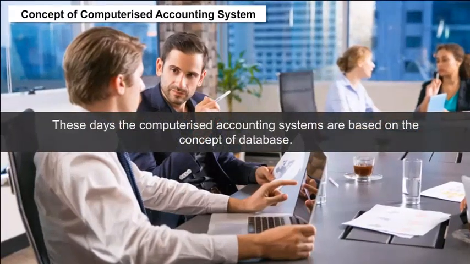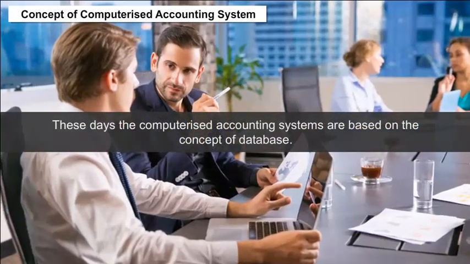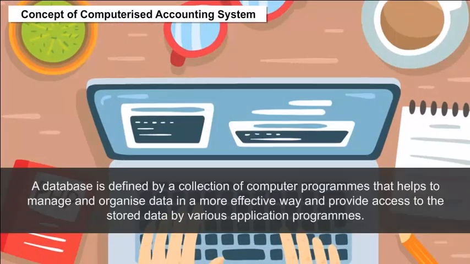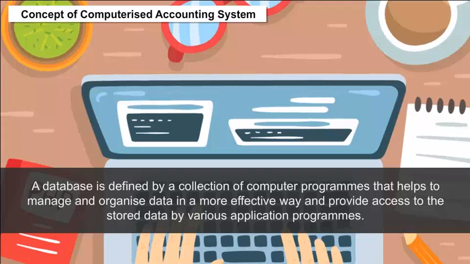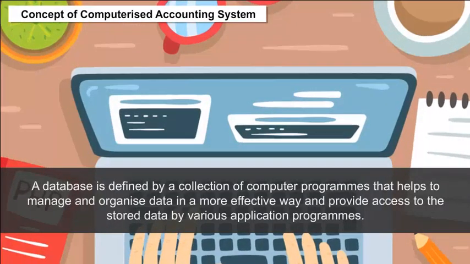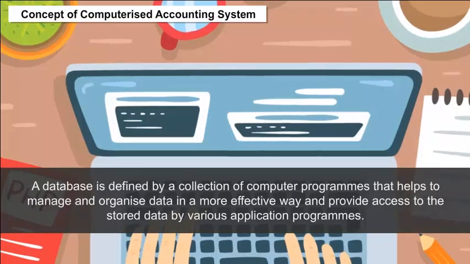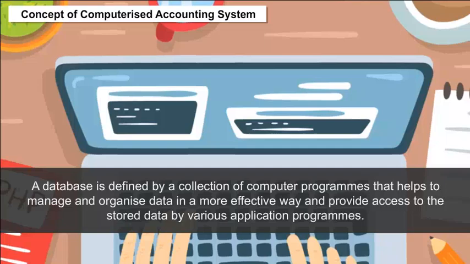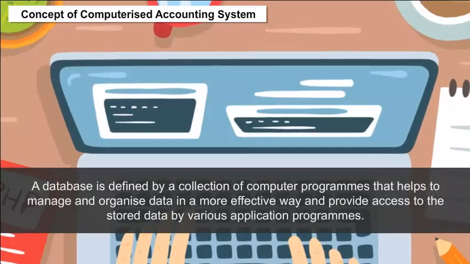These days, the computerized accounting systems are based on the concept of database. A database is a collection of computer programs that helps to manage and organize data in a more effective way and provides access to the stored data by various application programs.